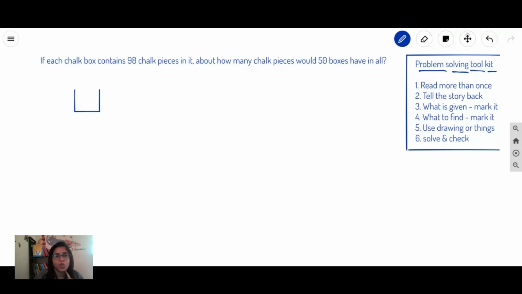Each chalk box contains 98 chalk pieces in it. About how many chalk pieces would 50 boxes have in all? Okay, we've read this at least two times.